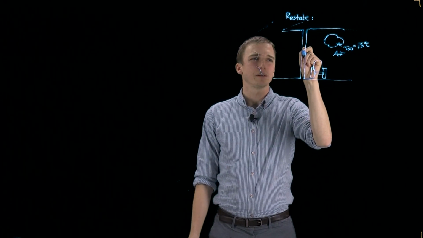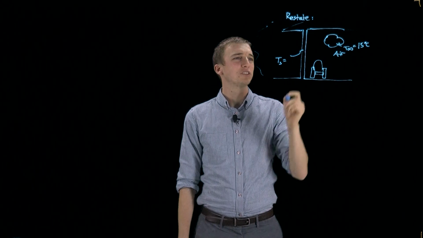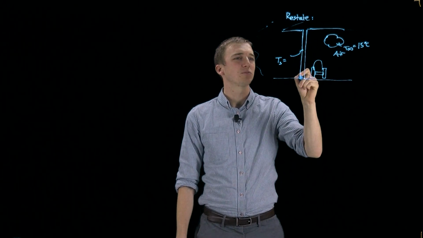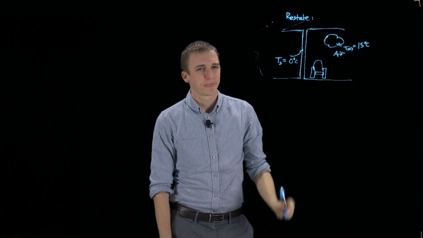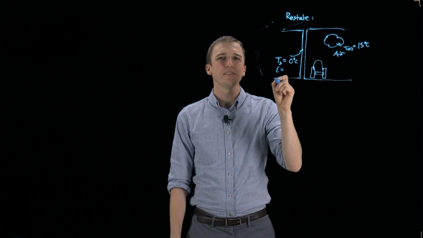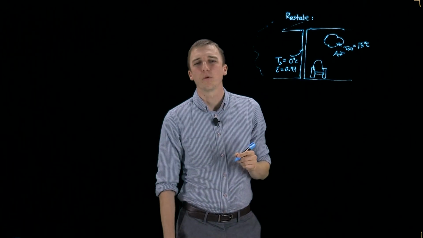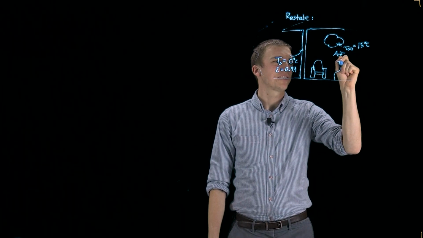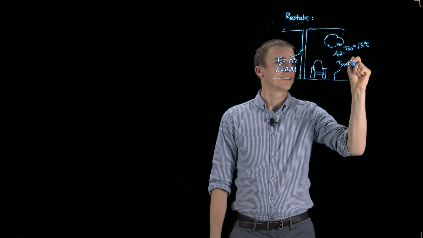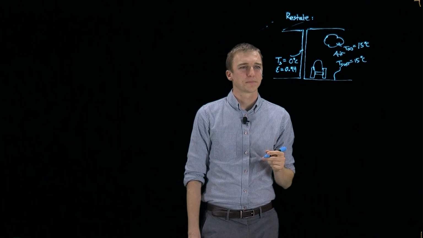It doesn't tell us what temperature, but what we know is that the temperature of the surface of this glass window is at 0 degrees Celsius. We're also told what the emissivity of our glass is, which is 0.94. Okay, we're also told that the surroundings, so all of the surfaces inside of our room, are at 15 degrees Celsius.